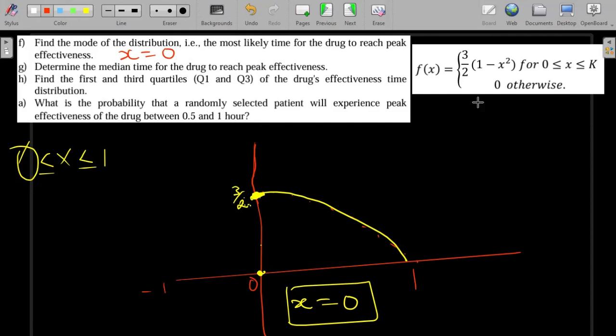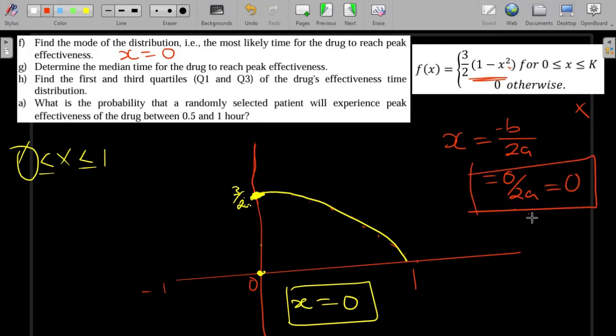Whenever you're given a quadratic equation, just get the x-coordinate of the turning point, because we said the x-coordinate was minus b over 2a. In this equation, since we can't see the term with x, b was 0, so this is 0. The x-coordinate of the turning point is the one that will make the probability the highest, so it becomes the mode. So the mode is just x equals 0.